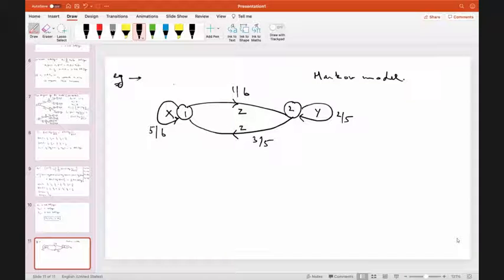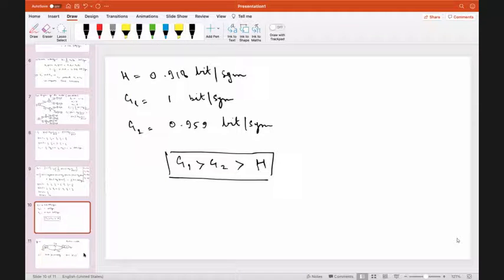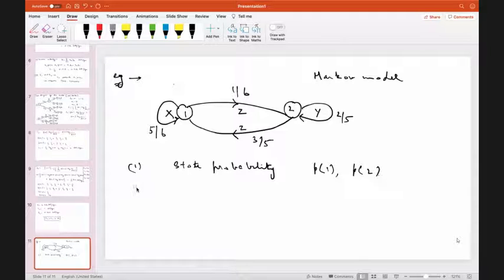That I give you, and you need to evaluate the following quantities. You need to evaluate the state probabilities, that means you need to evaluate what is P1 and what is P2.